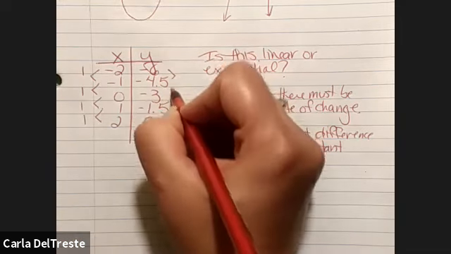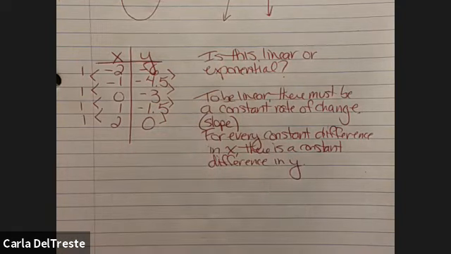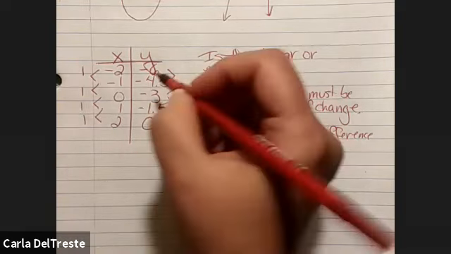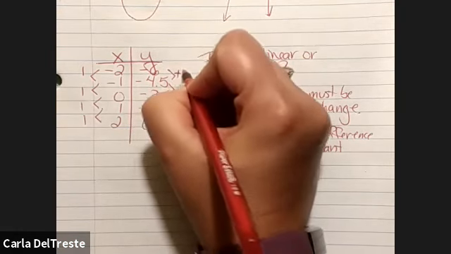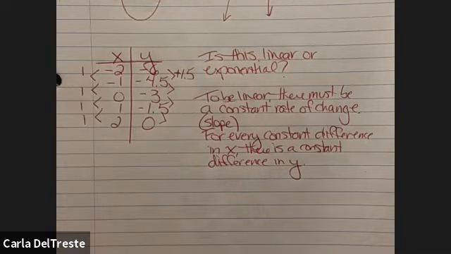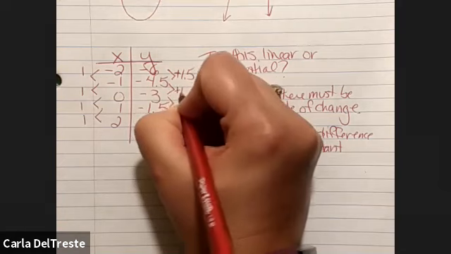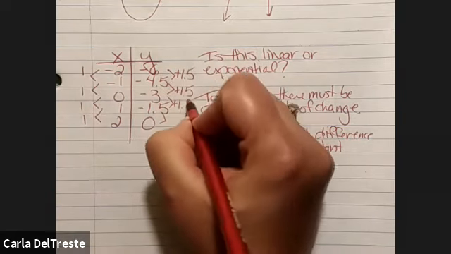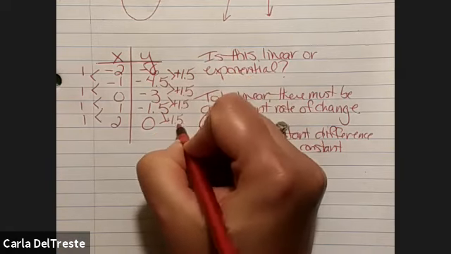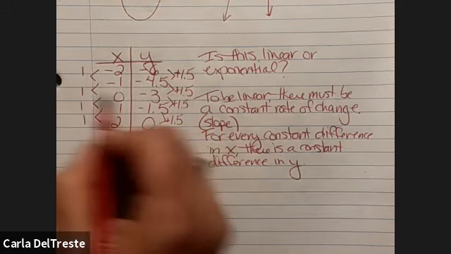So look at the same thing. See if there's a constant change on the y side. To get from -6 to -4.5, I added 1.5. To get from -4.5 to -3, again, I increased by 1.5. And then I did it again, and then I did it again. So you can just do these quick little differences on the side and then see if you have a pattern.